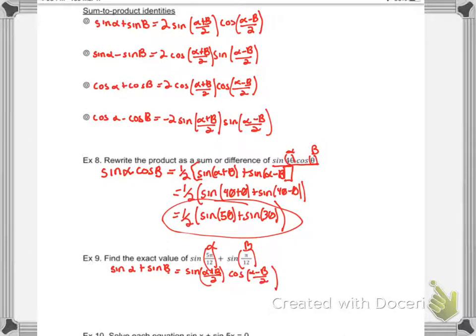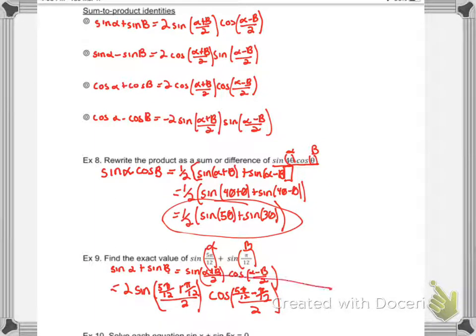So when I substitute these in, I'm going to go over here to make sure I have some space. You can see I'm already running out. We have equals 2 sine, my alpha is 5 pi over 12 plus pi over 12 all over 2, cosine 5 pi over 12 minus pi over 12 all over 2.